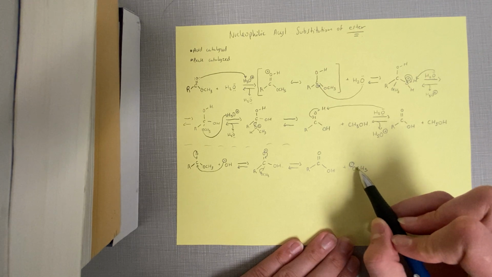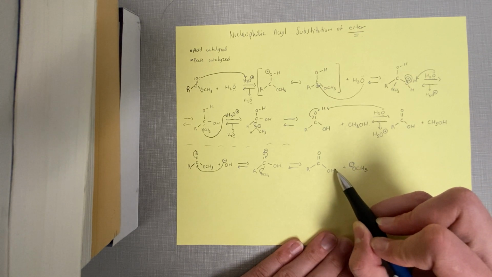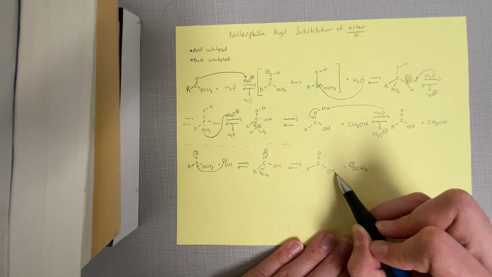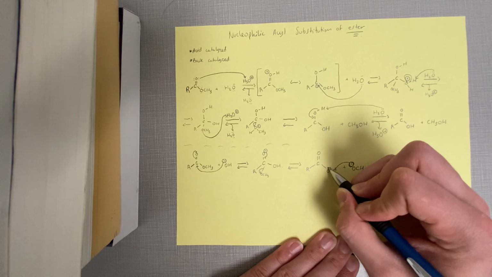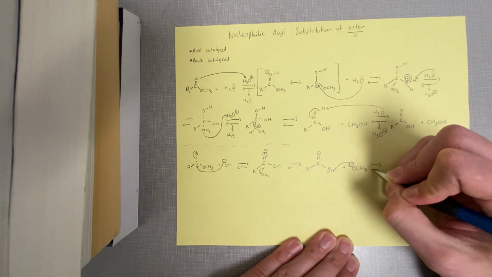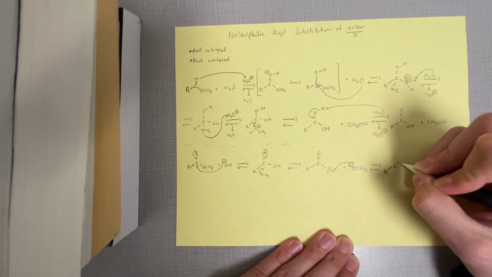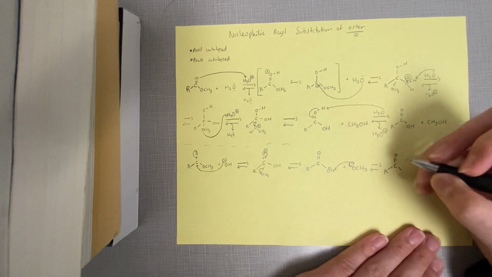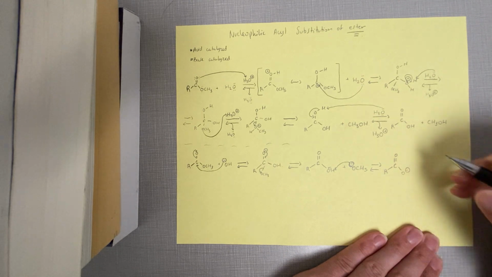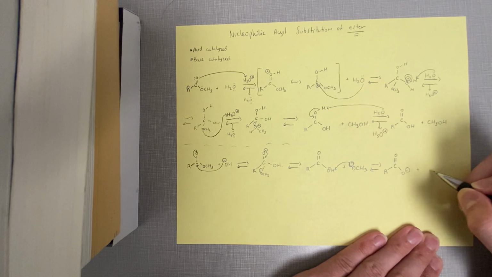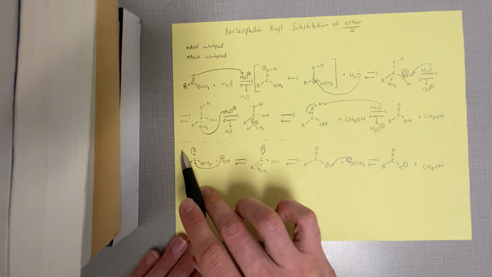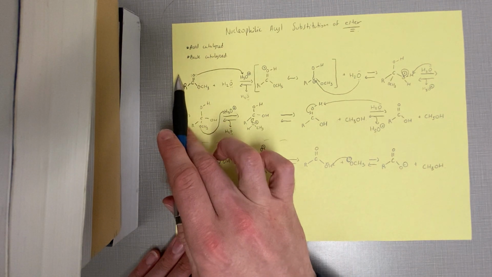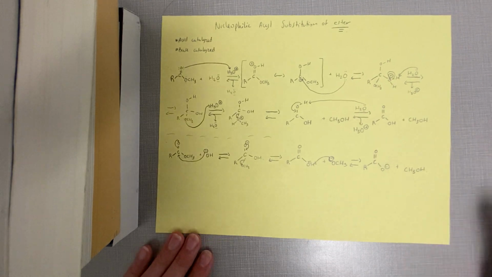Here in this case, this base is going to do an acid-base reaction with the hydrogen of this carboxylic acid, giving us the final product, which is a carboxylate and methanol. So this was the base catalyzed and this was the acid catalyzed, and I hope this was helpful.